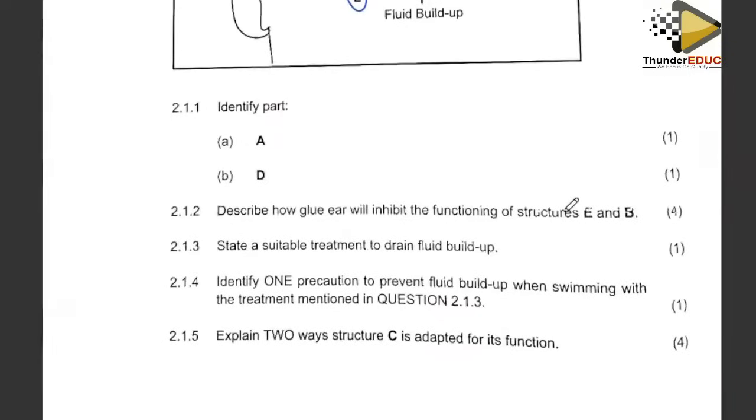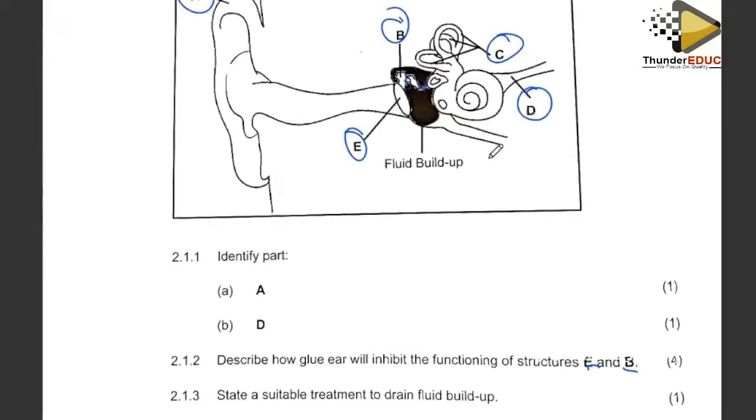They're saying, describe how glue ear will inhibit the function of E and B. How will this glue ear limit the function of E and B? Automatically this one will not vibrate, and then this one will not amplify the vibration.